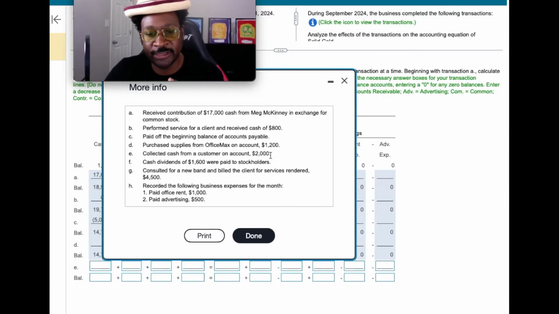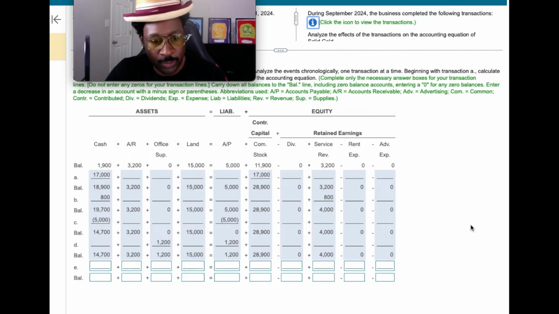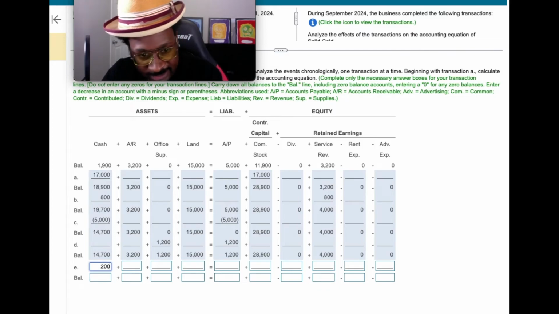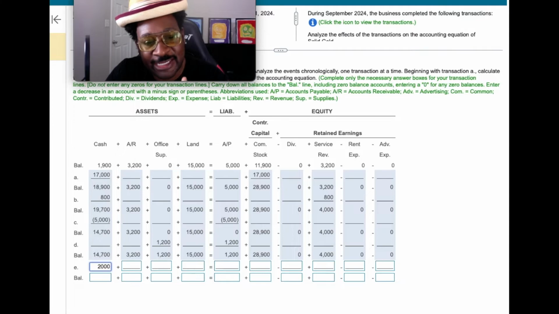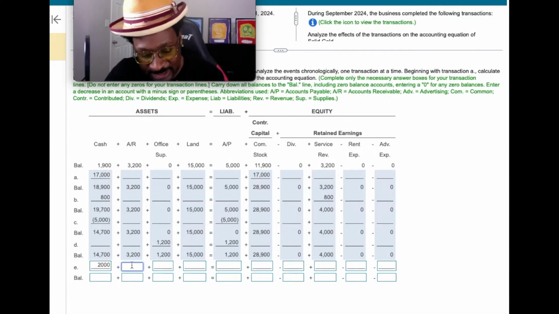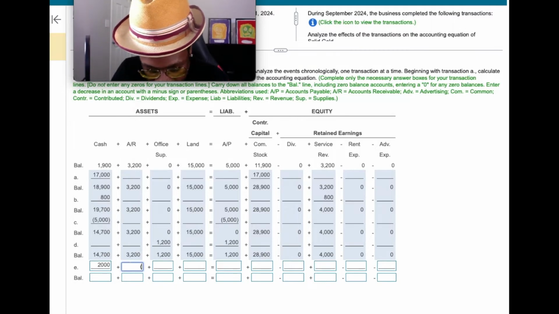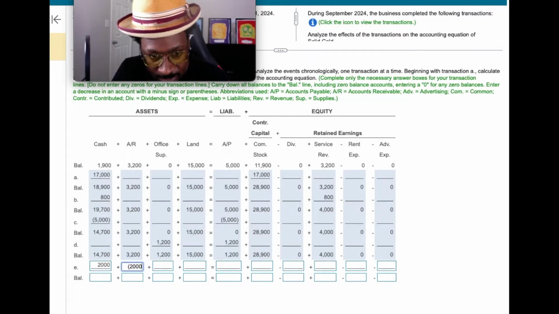So how will this affect the accounting equation? We understand that our cash is going to increase by $2,000, causing our assets to go up, but simultaneously, it's going to cause our accounts receivable to go down by $2,000. Why?